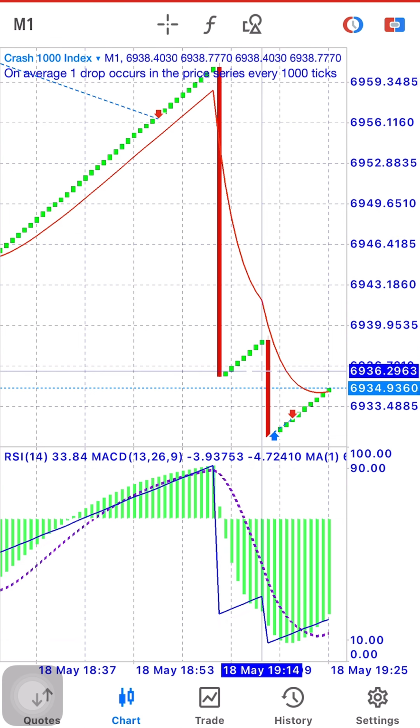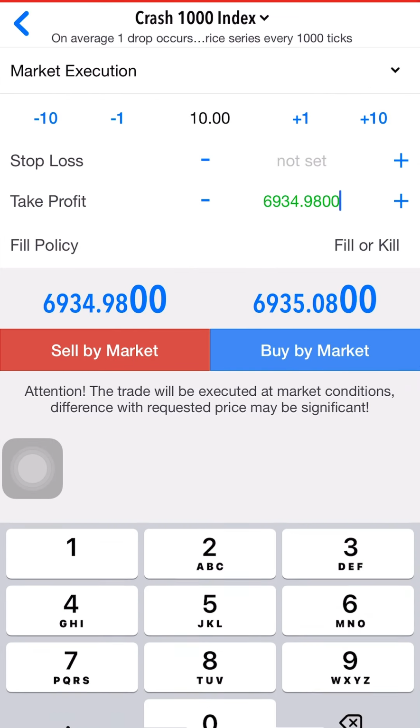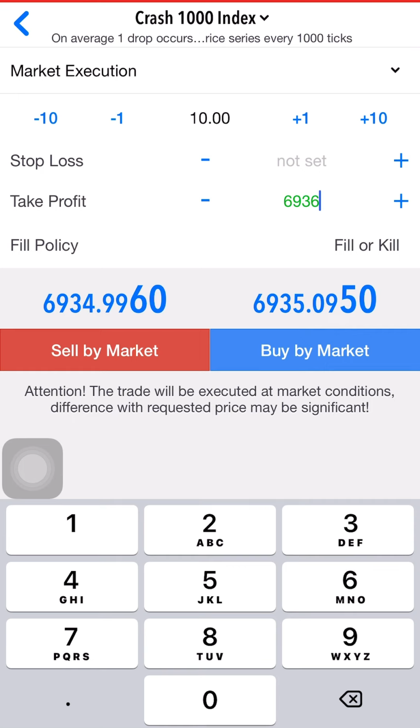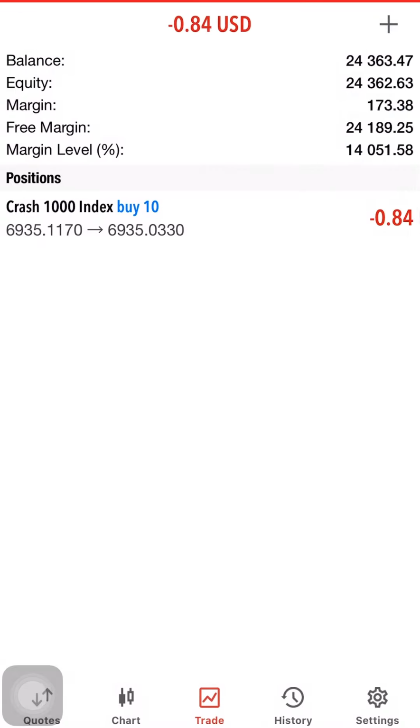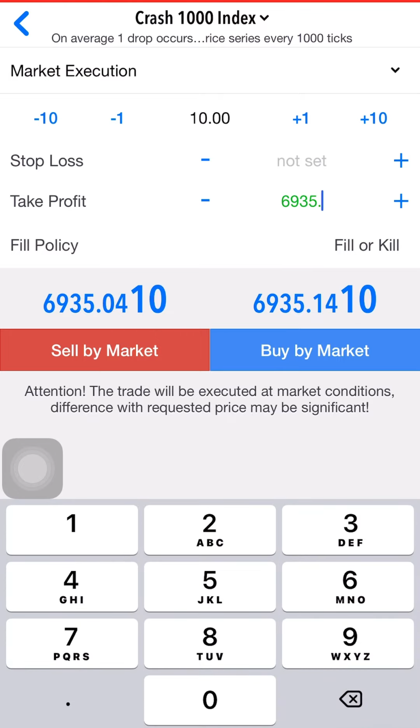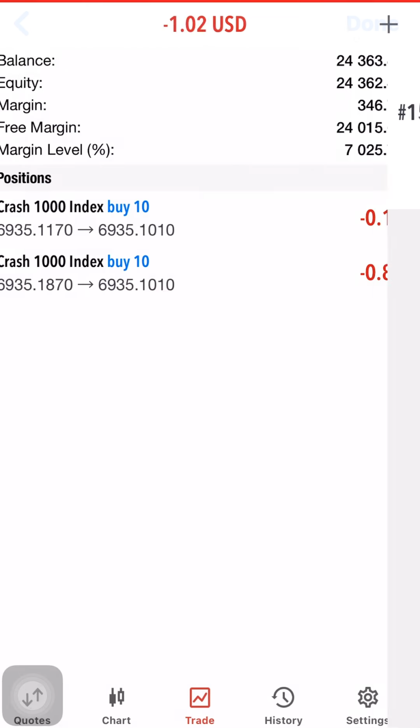Let's say 36.2963, buy. So that's two positions.